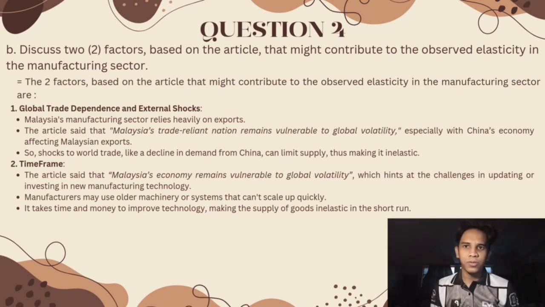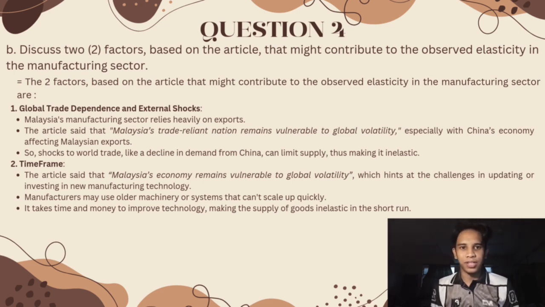For point 2 is time frame. We're going to use the same phrase in the article, that is Malaysia's economy remains vulnerable to global volatility. It also hints at challenges in upgrading or investing in new manufacturing technology. Just like point 1, we still rely heavily on export, so we still need to use other countries' machines. Manufacturers in Malaysia still use older machinery or systems that cannot scale up quickly.